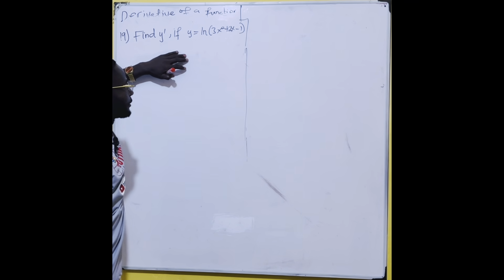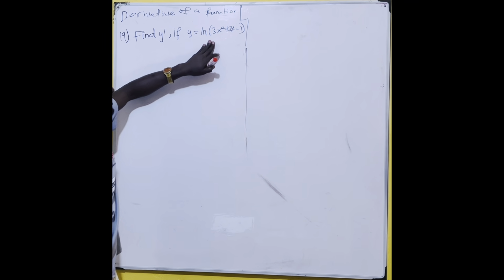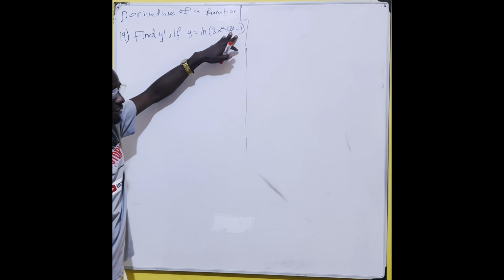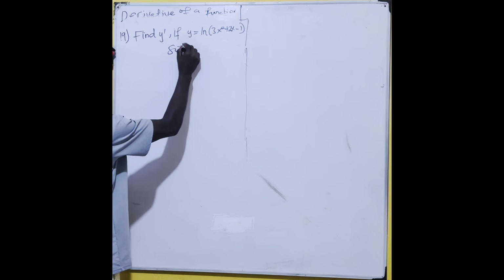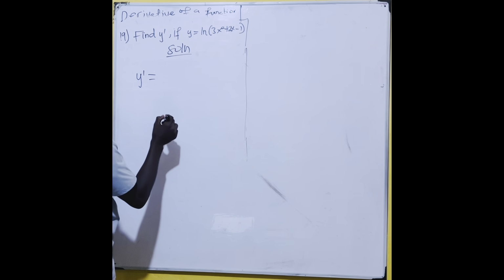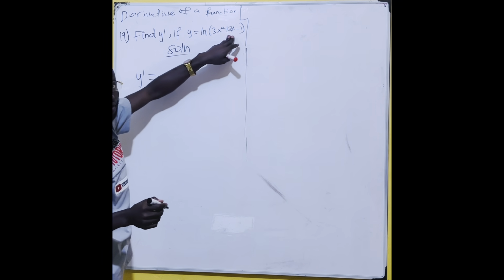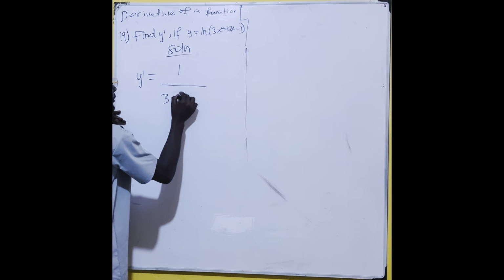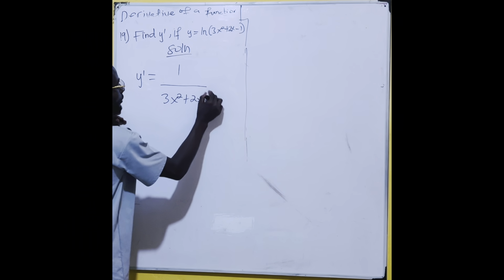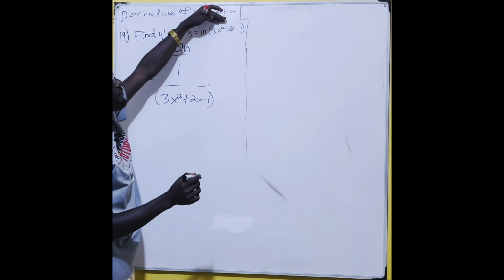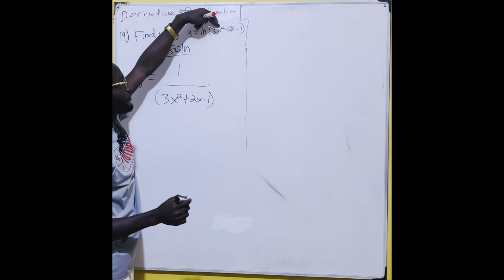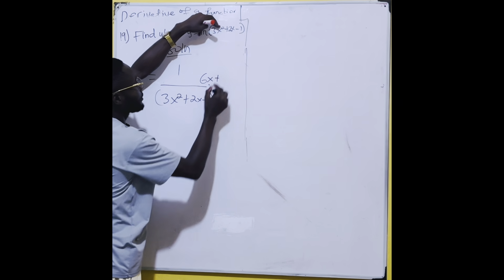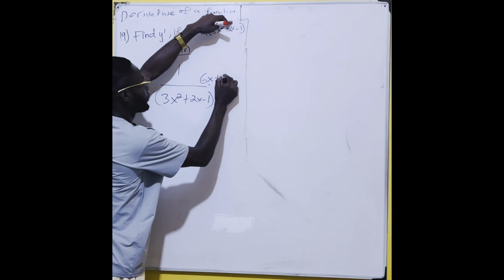Question number 19, we want to find the first derivative given that y equals ln of 3x squared plus 2x minus 1. So we're going to have y prime equal to the derivative of a function inside the ln. You're going to take 1 over the function inside the ln function times the derivative of the function inside the ln function. I know that the derivative of 3x squared is 6x, plus the derivative of 2x is 2.